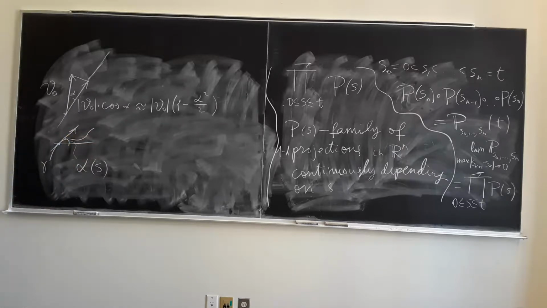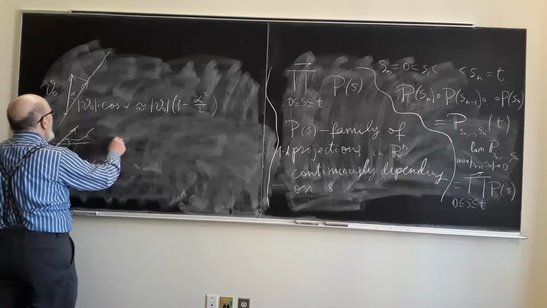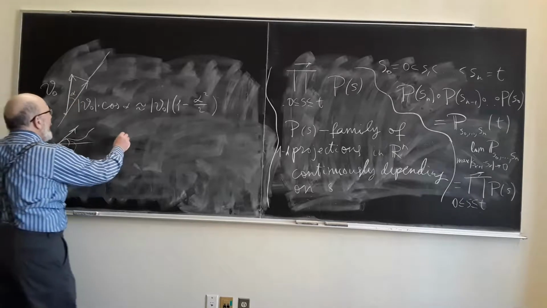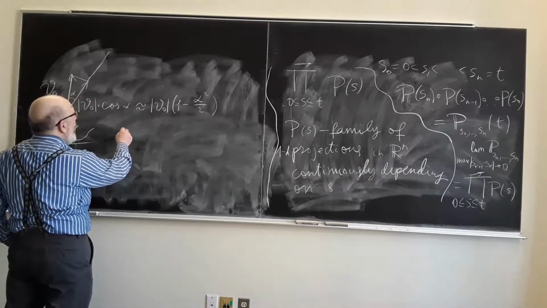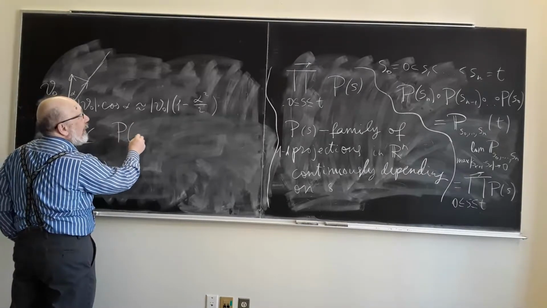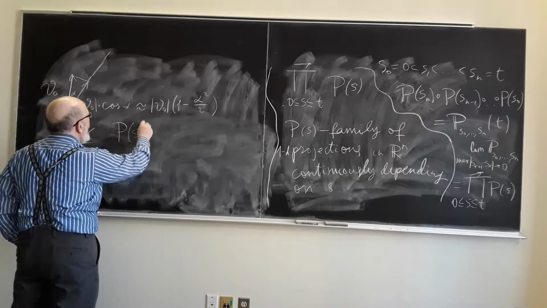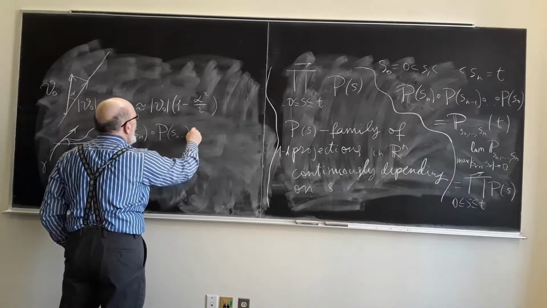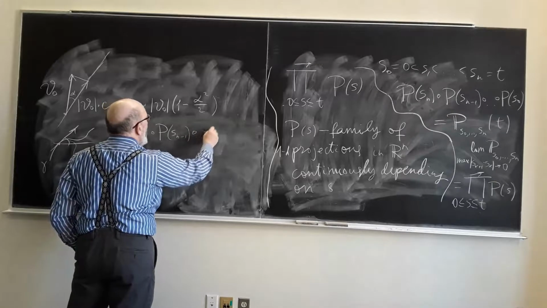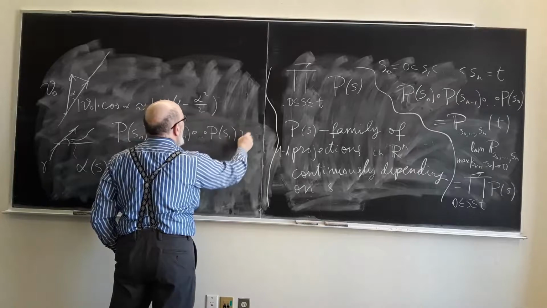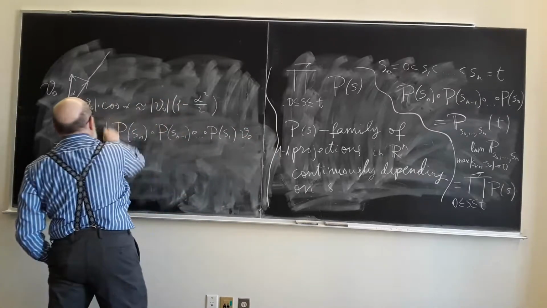Alpha of S. And then we have P of Sn, P of Sn minus 1, P of S1, V0.